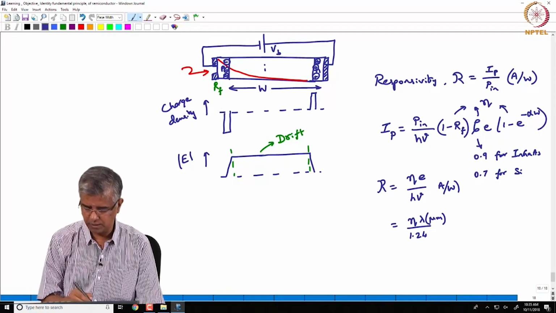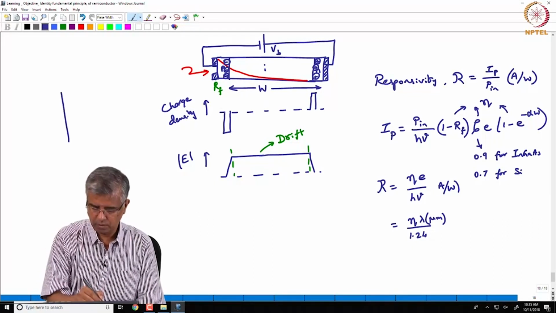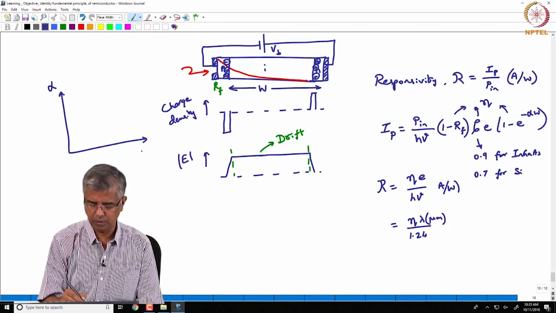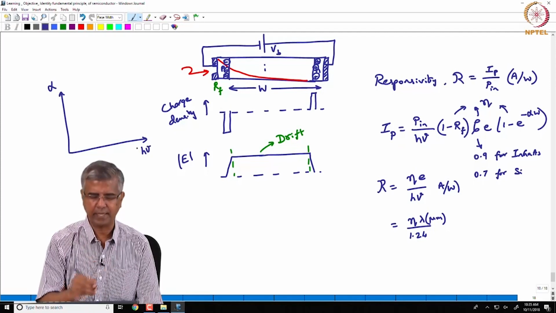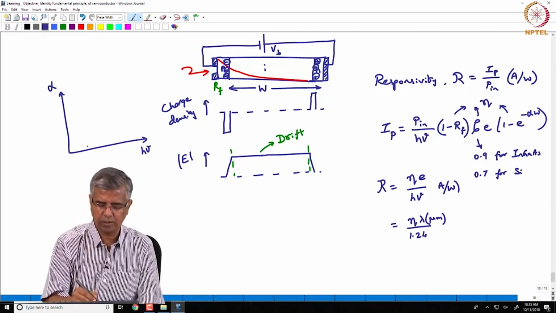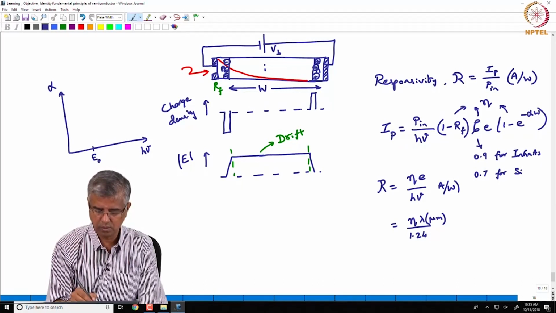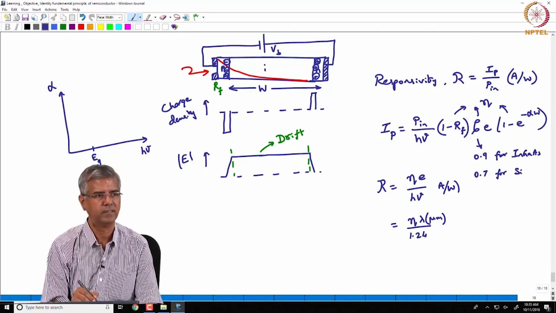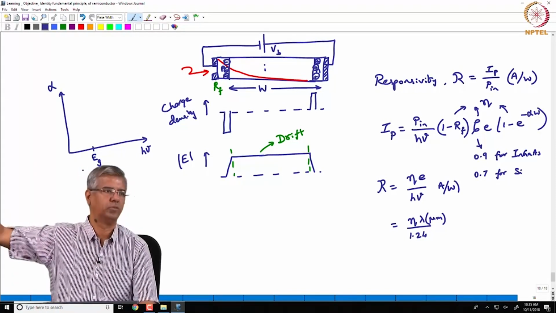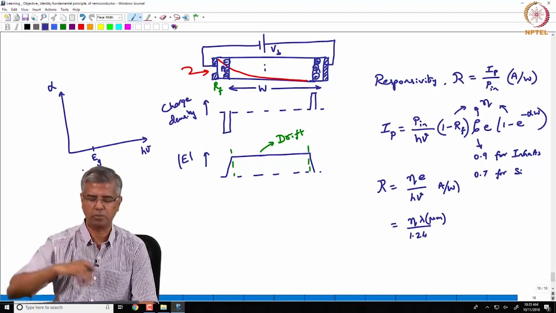You can basically say that alpha, if you are tracking as a function of h nu, what is the alpha for h nu less than Eg? 0, there is no absorption, light will just go straight through.